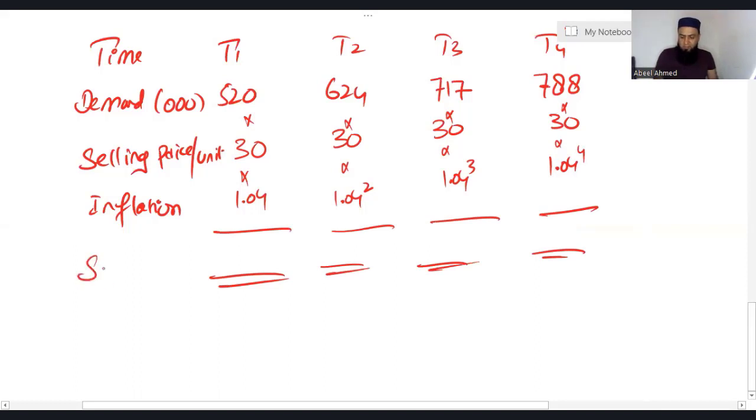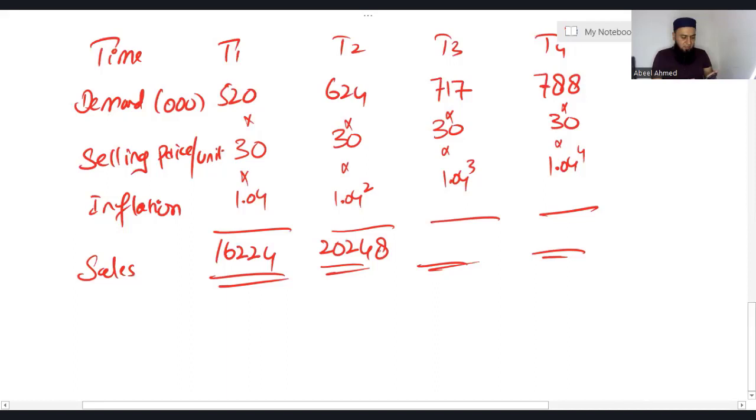You will get the sales amount. So 520 multiplied by 30 into 1.04, I'm getting 16,224. 624 multiplied by 30 into 1.04 power 2, I'm getting 20,248, with a little bit of rounding off being acceptable.